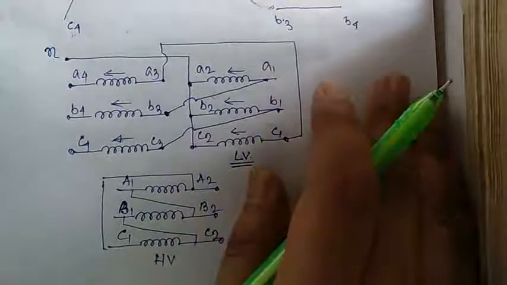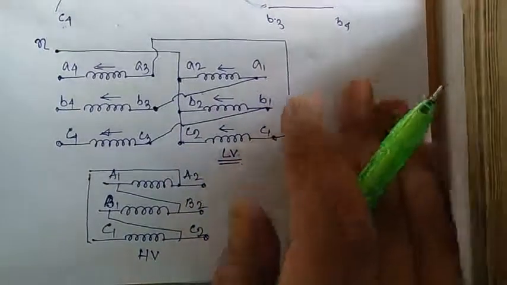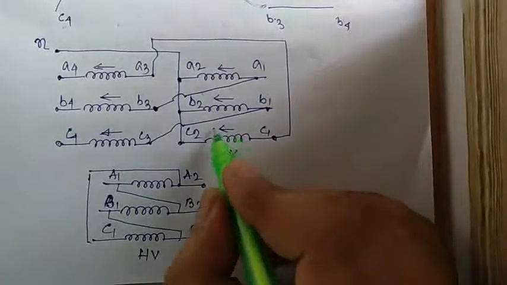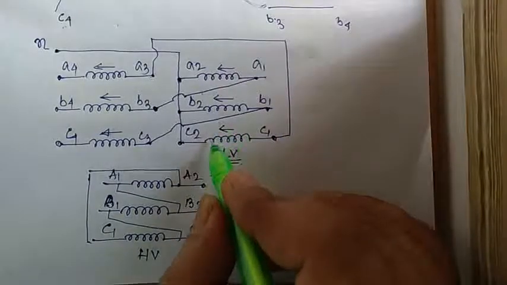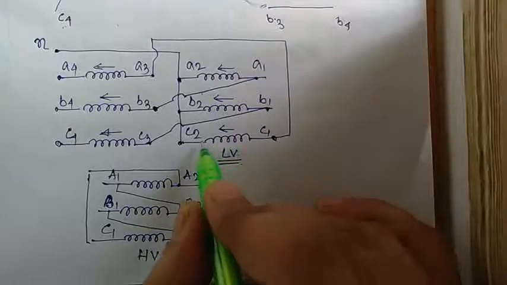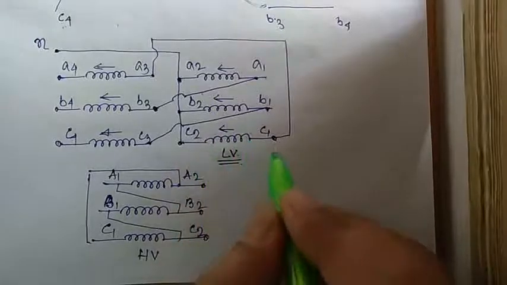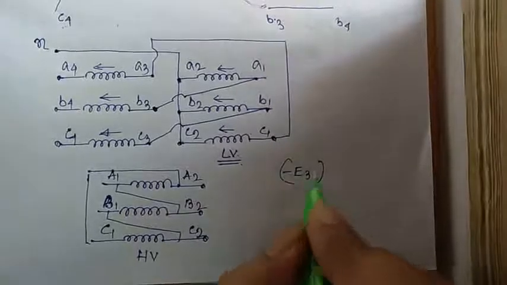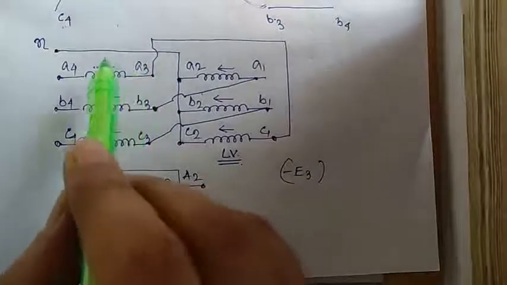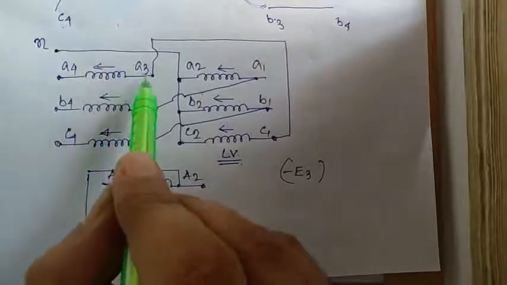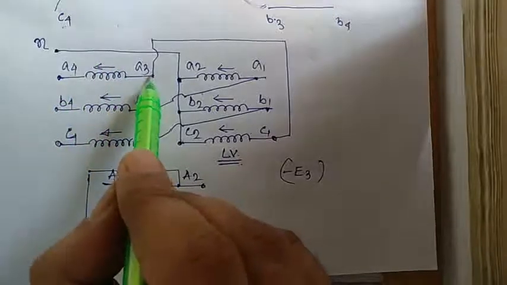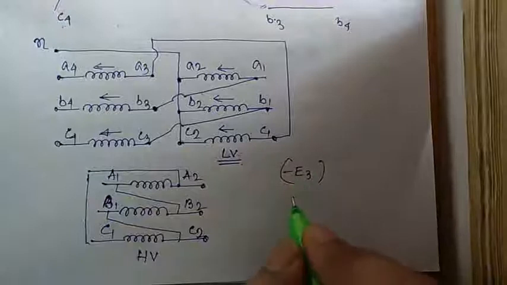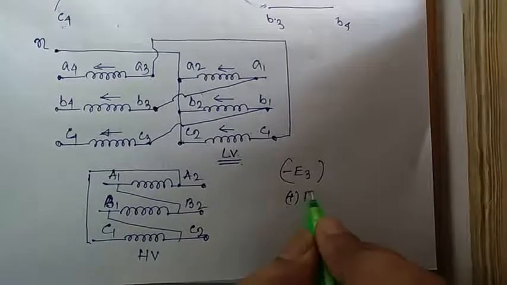the third harmonics induced EMF in the half section of LV, that is C2 and C1, is minus E3, and in the half section of another LV, that is A3, A4, the third harmonics EMF is plus E3.